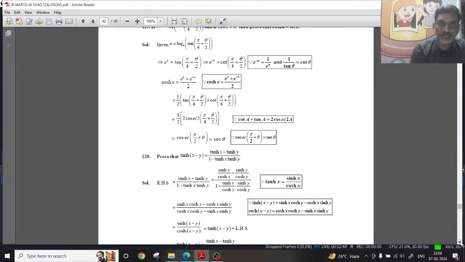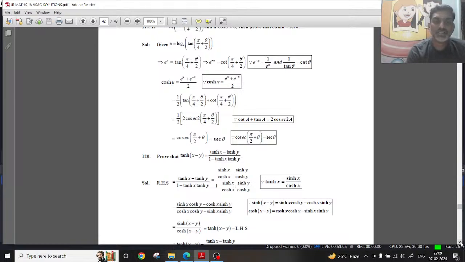Next 120. Tan h of x minus y is equals to tan hx minus tan hy divided by 1 minus tan hx tan hy. This is also a proof. So take RHS, express everything in terms of sin and cos, and take the LCM.